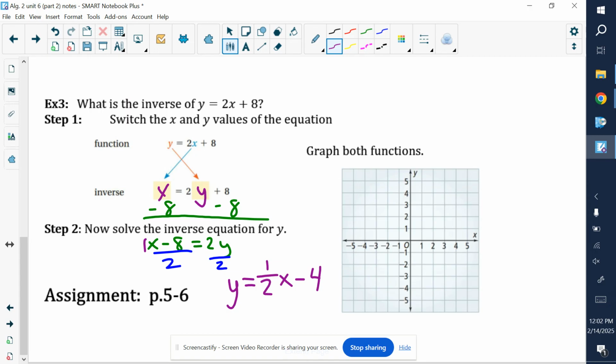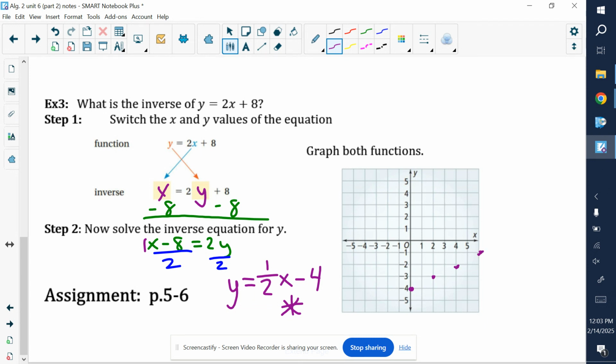Okay, so they're asking us to graph both of these functions. I'm going to graph my inverse first. Okay, I did that one in purple. That's in slope-intercept form. My y-intercept is negative 4. And my slope is a positive 1/2. So up 1 over 2, up 1 over 2, up 1 over 2.